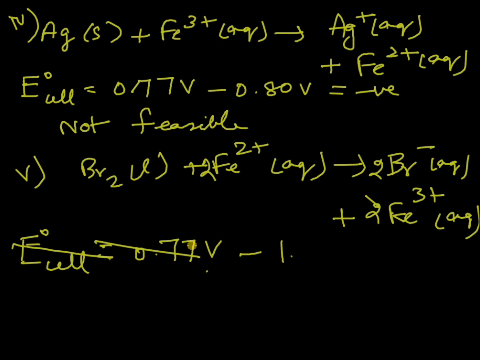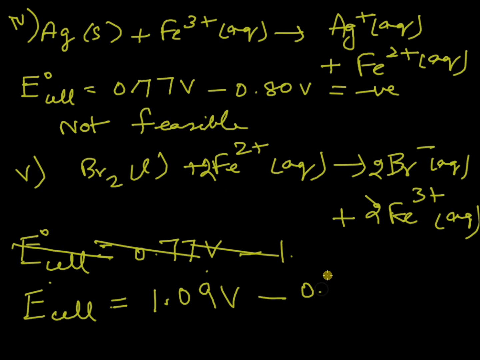Here we know Br2, which is becoming 2 Br minus, is the cathode, isn't it? So that is 1.09 volt minus 0.77 volt. So this is positive. The reaction is feasible.